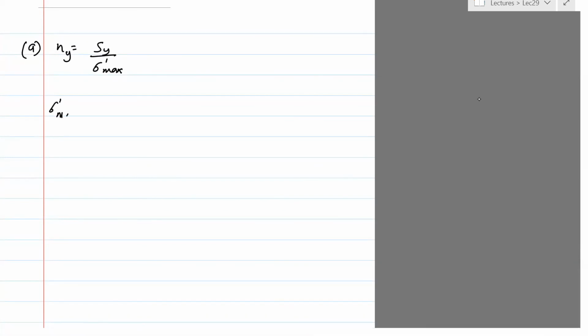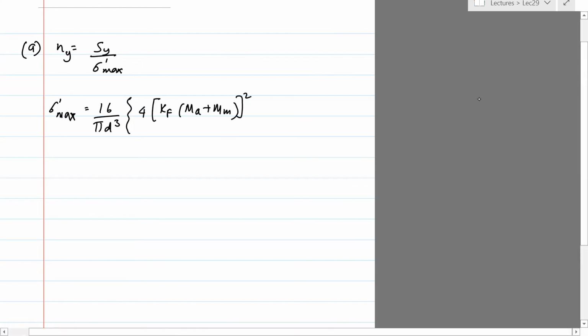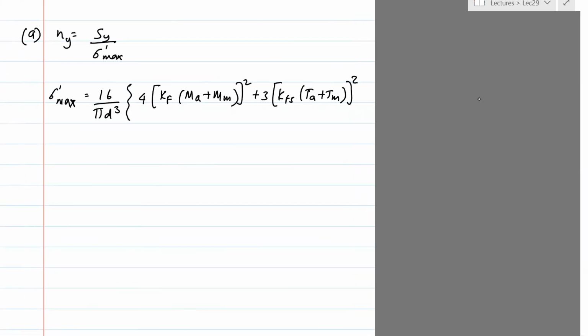And sigma prime max is this long formula: 16 over pi d cubed times the square root of (4 times (KF MA plus MM) squared, plus 3 times (KFS TA plus TM) squared).